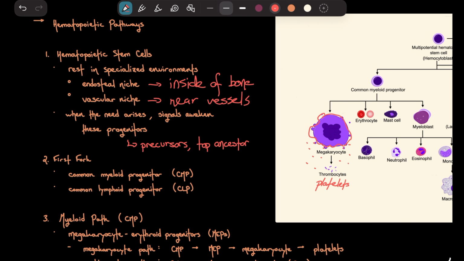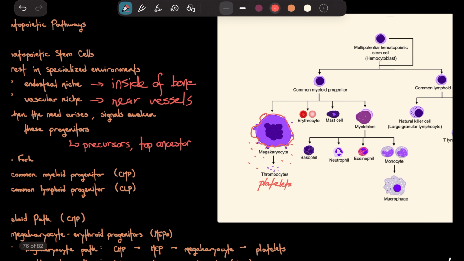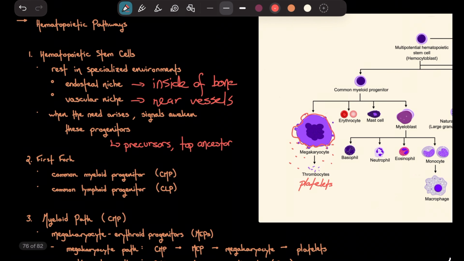Okay, they are going to generate these more specialized parts of their tree, but they can become any one of these. So as we get these signals, we go down, we pick a path to go down depending on what the stimulus is.